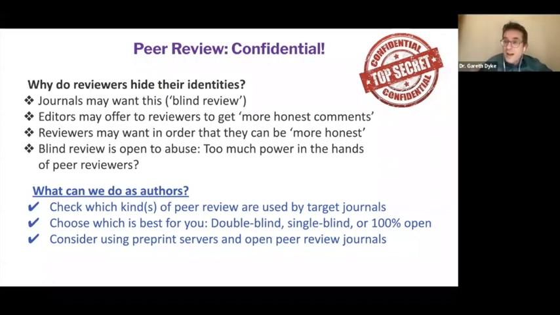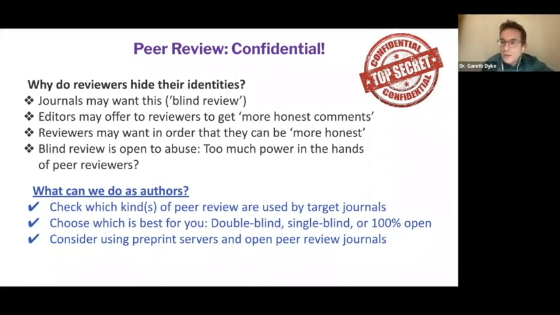Of course, if the peer reviewer knows that their identity is not going to be revealed to the author, then they feel that they can be more honest. Whereas at the same time, this anonymous process can be open to abuse. As you probably know, too much power often is placed in the hands of peer reviewers. The editor has to adjudicate between different sets of comments.